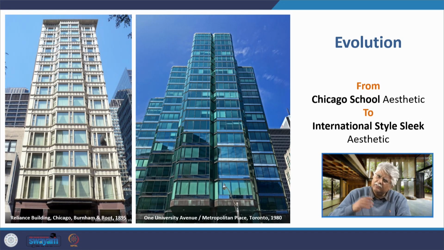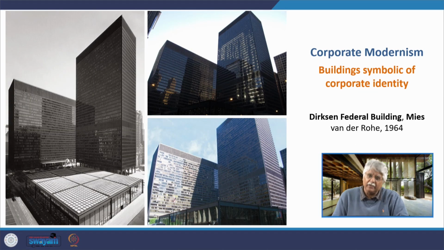So when we see evolution, for example in aesthetic, if this is the Chicago School skyscraper, then this is the international style sleek skyscraper aesthetic. Corporate modernism with Mies van der Rohe in the background, building symbolic of corporate identity like the Dirksen Federal Building by Mies van der Rohe in 1964 in Chicago.